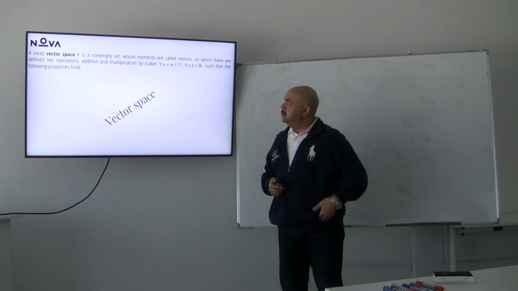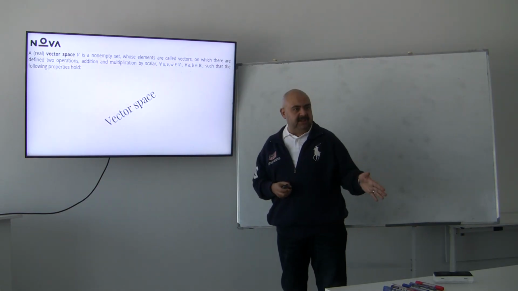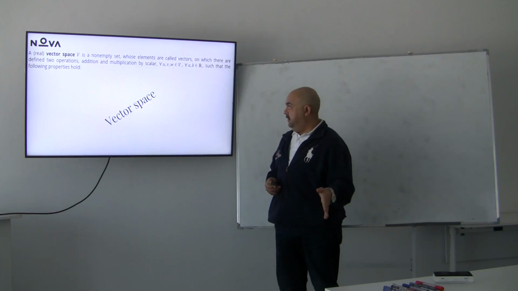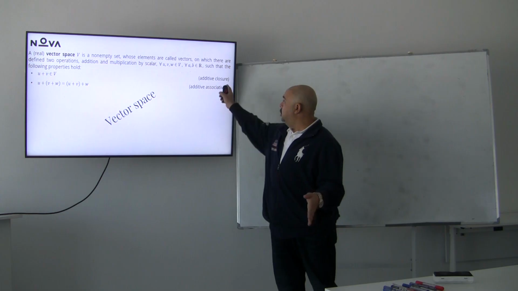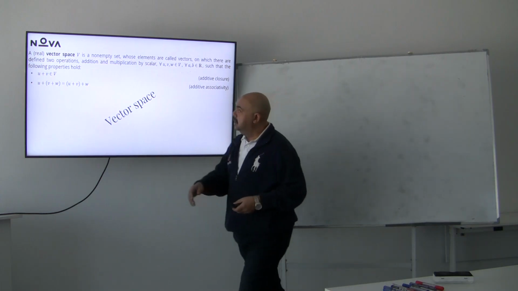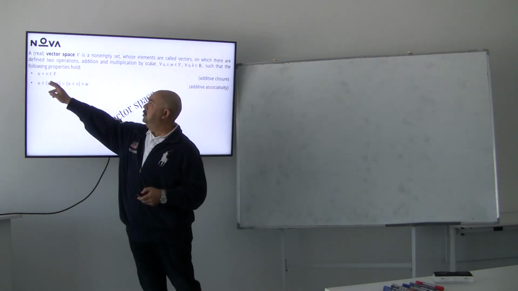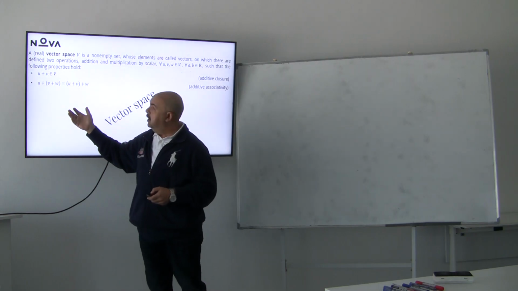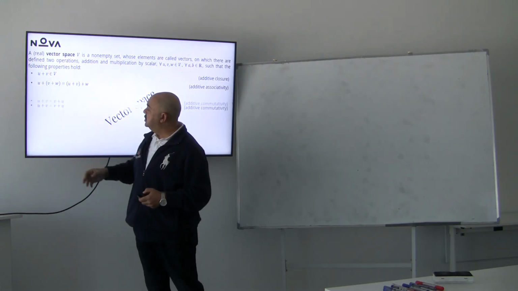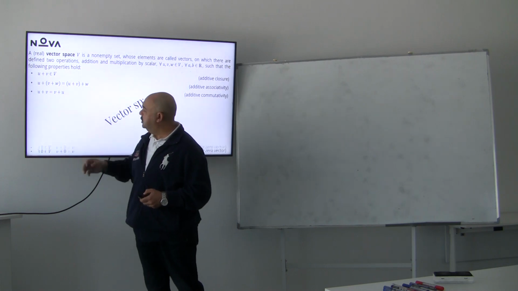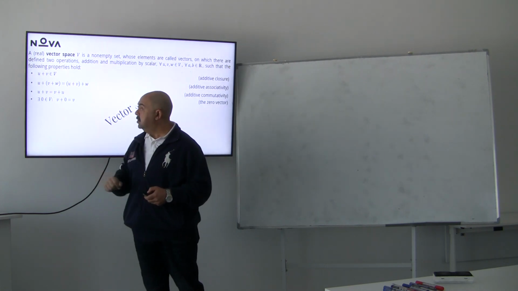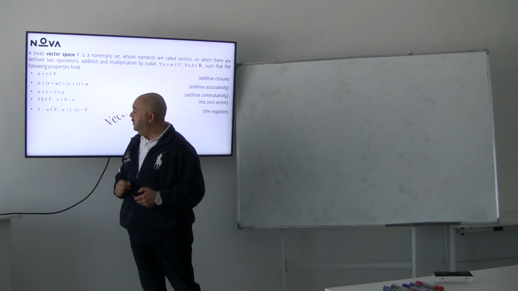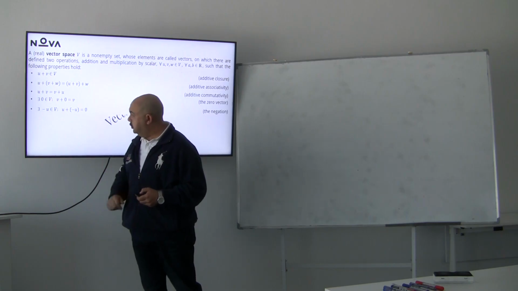Remember, what's a vector space? A vector space is a non-empty set of vectors. These vectors must be closed under addition, meaning if you have just two vectors, the addition belongs to the same vector space. It is associative, commutative, has the existence of a zero vector in V, and the additive inverse of any vector.